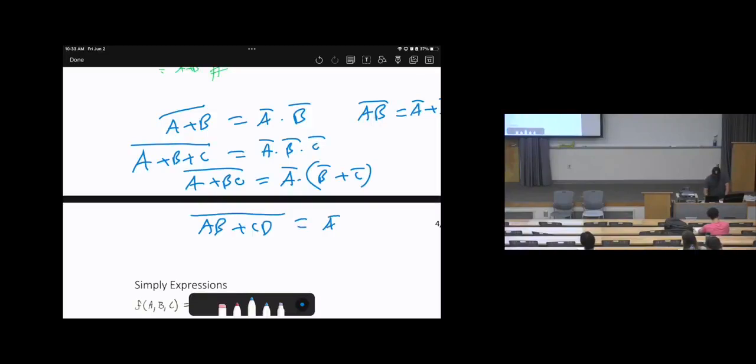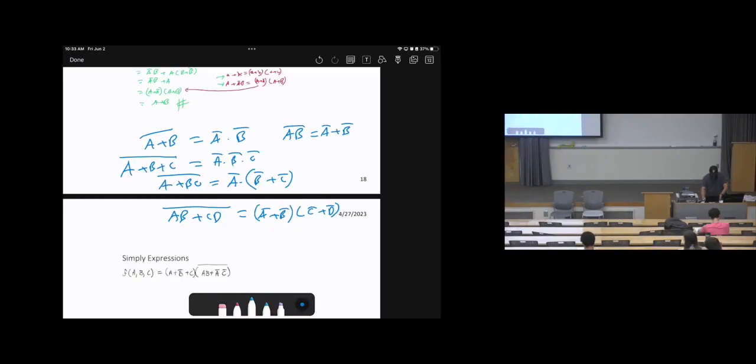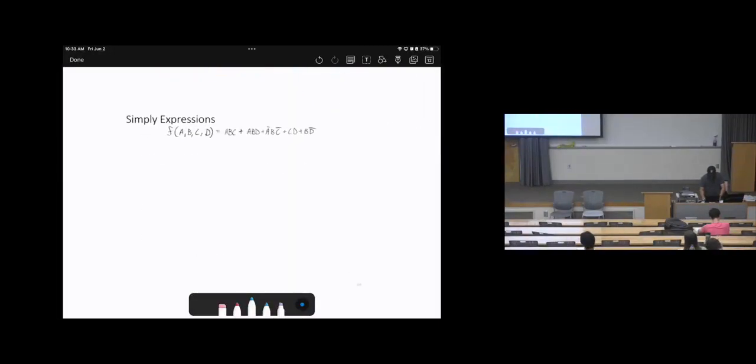It will be A bar plus B bar, put the brackets, C bar plus D bar. Okay, does this make sense? So you need to be aware how to use it. When you put the bar, distribute this, it will be something different. Any multiplication will be addition, any addition will be multiplication. Okay, let's go to this expression.